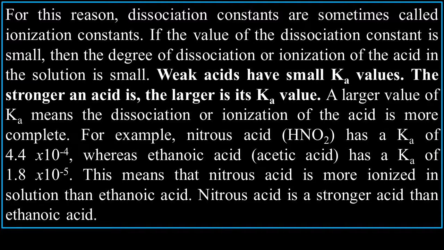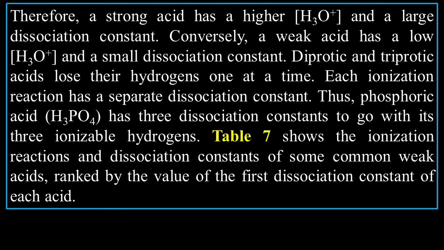For example, nitrous acid has a Ka of 4 times 10 to the negative fourth, whereas ethanoic acid, acetic acid, has a Ka of 1.8 times 10 to the negative fifth. This means that nitrous acid is more ionized in solution than ethanoic acid. Nitrous acid is a stronger acid than ethanoic acid.